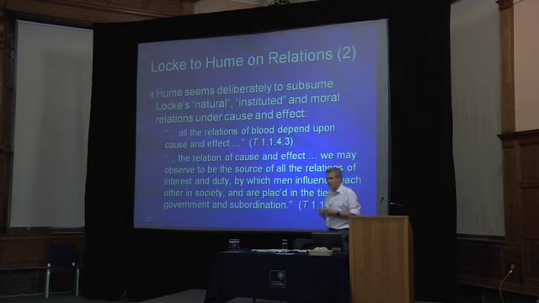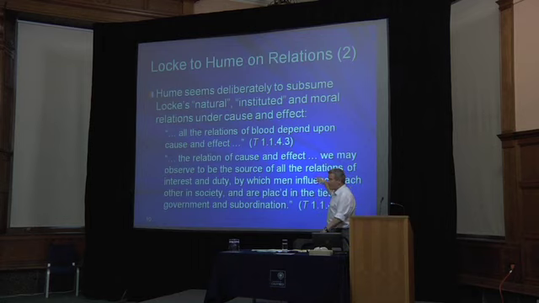Norman Kemp Smith, in the early part of the 20th century, famously pointed to this and said, look, this is evidence that Hume's real interest is in moral philosophy. So Kemp Smith had the theory that Hume had actually written book 3 of the Treatise before he wrote books 1 and 2. It seems a little implausible given that he published it nearly 2 years later. But anyway, that was the claim.